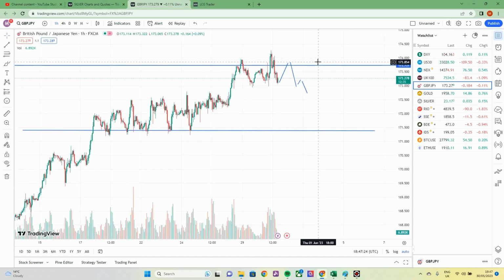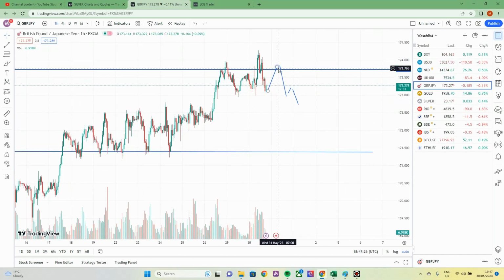Now, if that is the case, then what we would be doing, and this is something that I really need to try and teach myself, is to make a trade from a sensible position. We know this is a resistance line, and we know this is a support line.